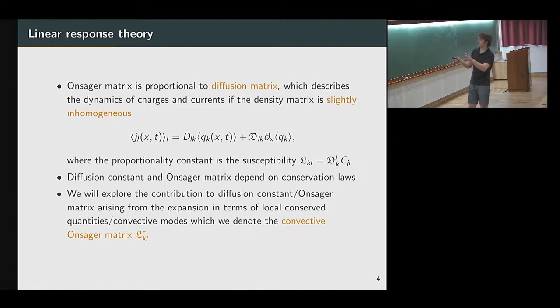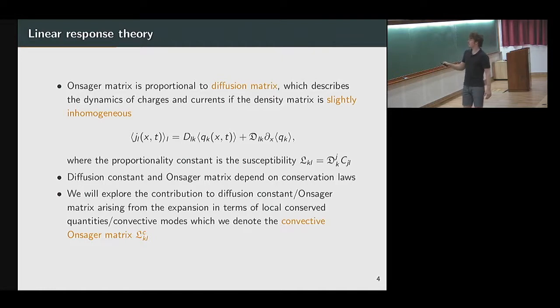So the current is proportional to some conservation laws in some slightly varying state, which means that part of the current will be conserved. So if D_Lk is non-zero, this means that part of the current is conserved. We have ideal transport and so on. But then we can go to the next order, do the gradient expansion. And by definition, here we have the diffusion matrix, because if we put this expression in the continuity equation, the second term just produces the diffusion equation.